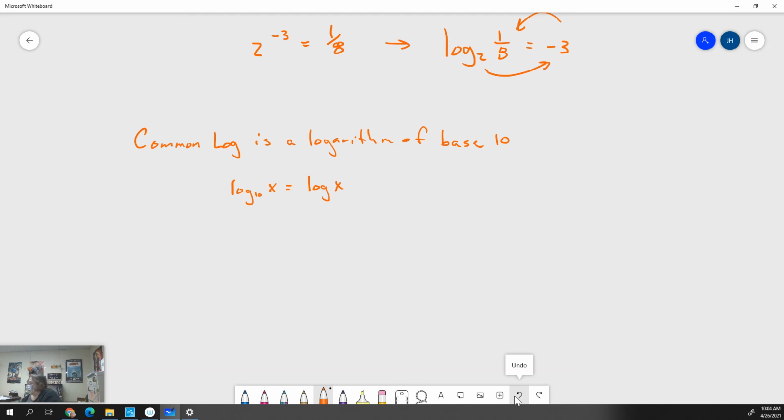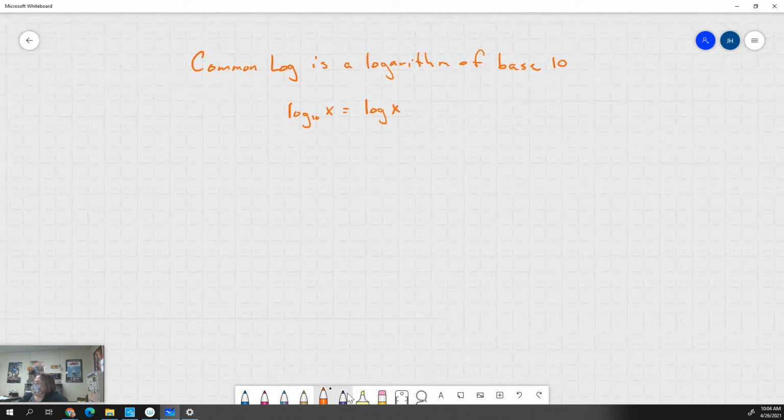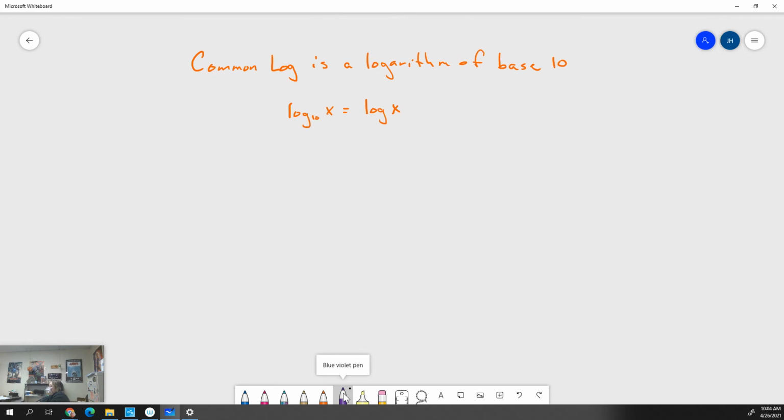And we need it for evaluating logarithms. Whenever you're asked to do anything in math that says evaluate, they're looking for a numerical answer, a solution to the problem.